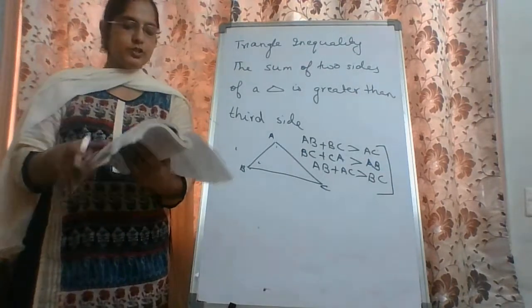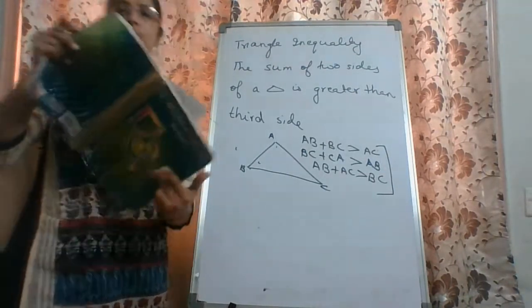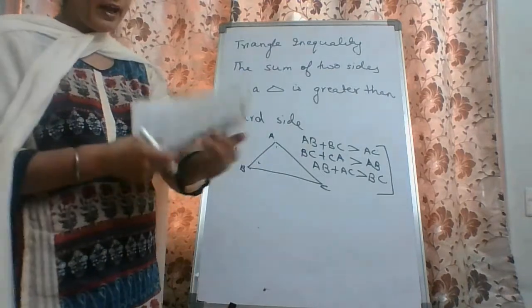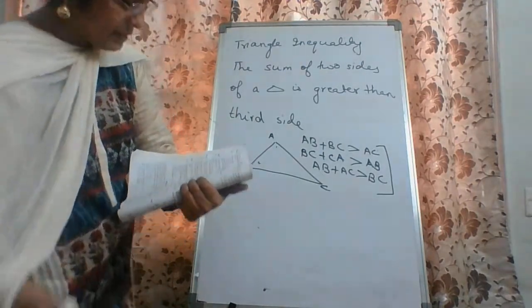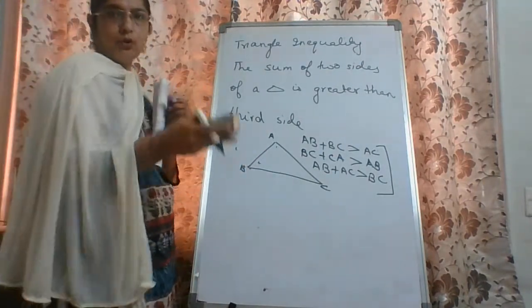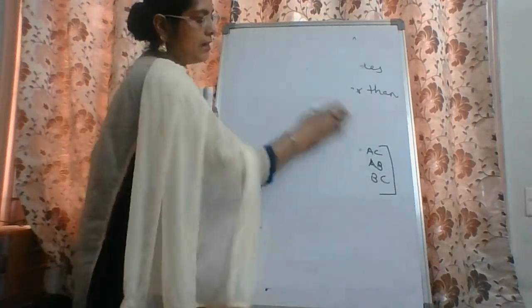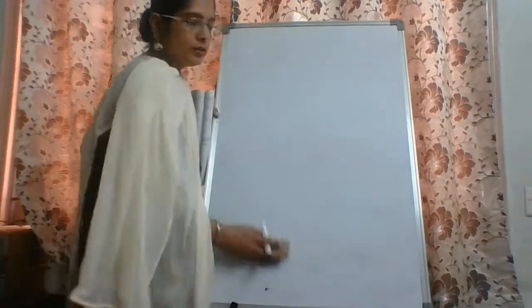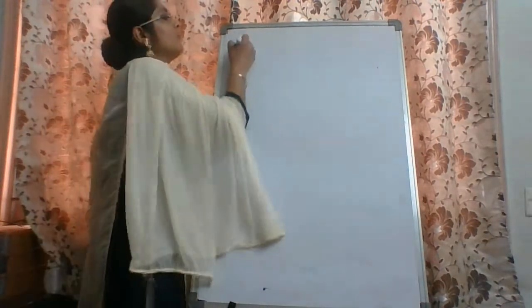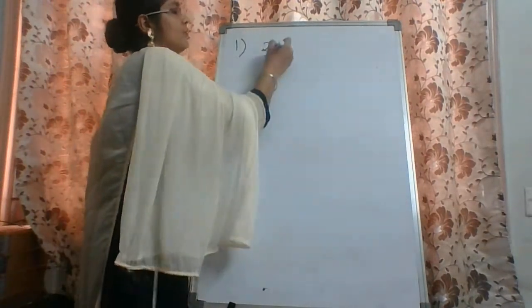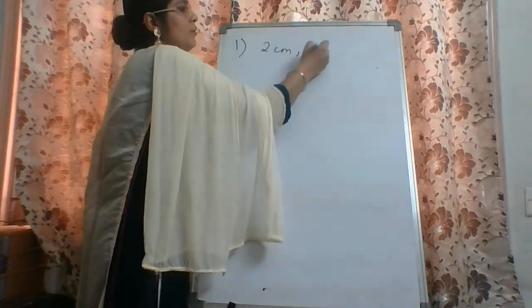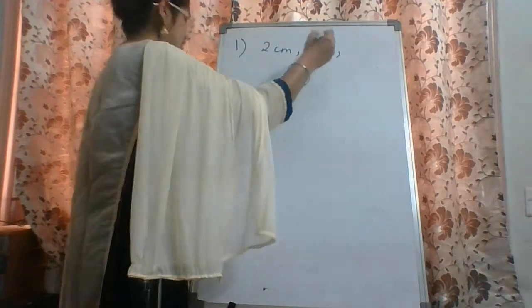Let us come to questions. Is it possible to draw a triangle if the lengths of the sides are 2, 3 and 4 centimeters? We are given the lengths as 2 centimeter, 3 centimeter and 4 centimeter. I have to find whether we can form a triangle for this.